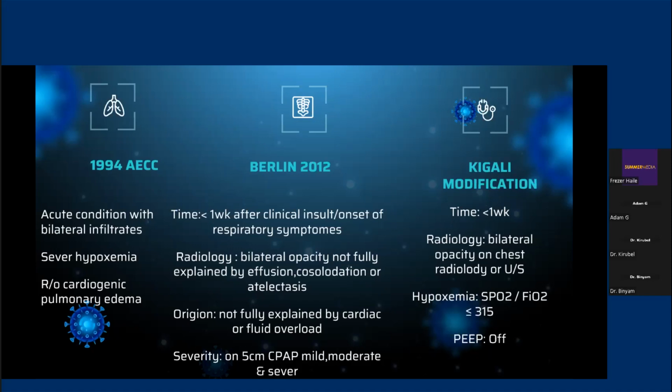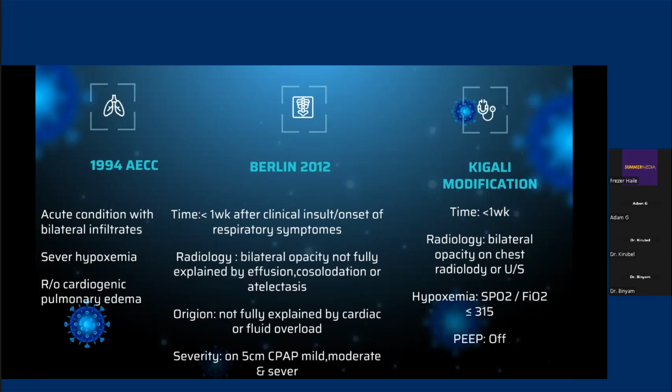The duration is the same as the Berlin one. The radiologic finding is also the same, but this time they added ultrasound, since we can use ultrasound right and left in critical and emergency setups, and even in poor resource setups. It helps differentiate whether it is a cardiac or lung pathology.